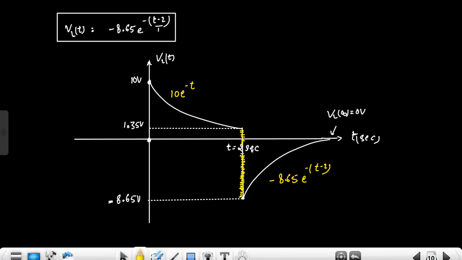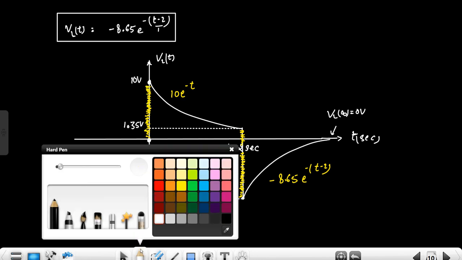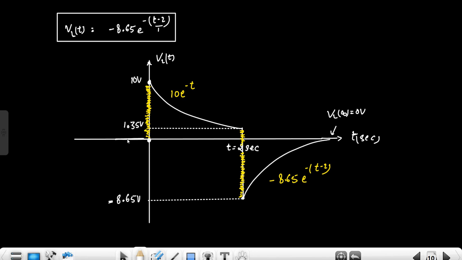So this is the discontinuous waveform of the inductor voltage, and here also this is the first discontinuity, right. So there are two discontinuities in this voltage waveform of the inductor, as you can see, because this value is VL(0 minus), a fixed value which is 0 volt. So this is the waveform for the inductor voltage.